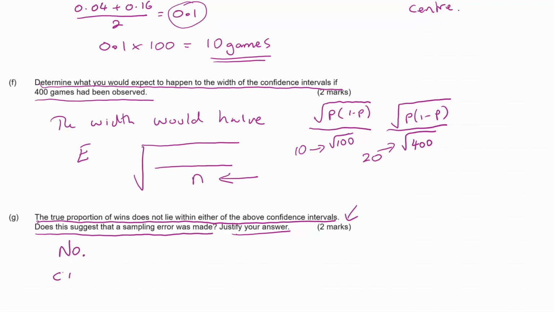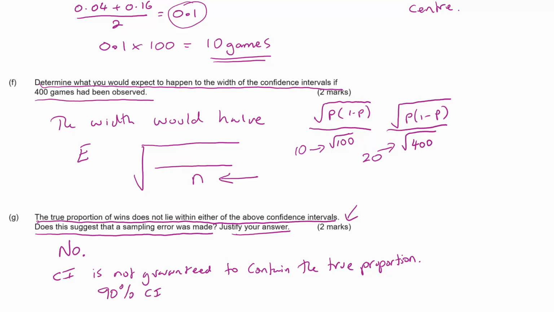And quite simply, a confidence interval is not guaranteed to contain the true proportion. After all, a 90% confidence interval is only expected to contain it 90% of the time.